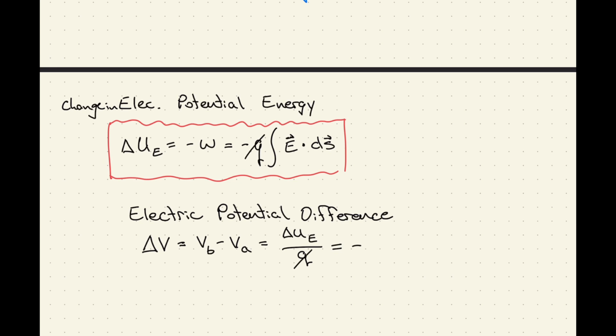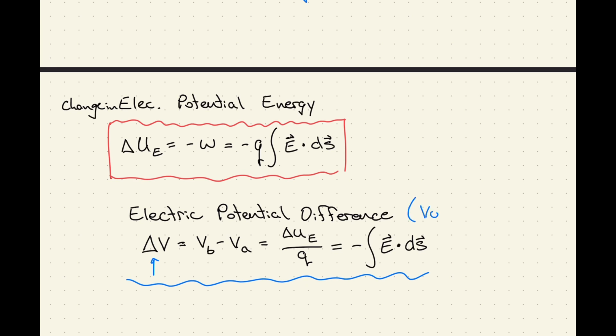This Q and this Q cancel out because they're the same Q. This integral stays, this electric field stays, this dot stays, and this ds stays. So this is electric potential difference. And also sometimes, actually most of the time in circuit courses, this is called voltage.